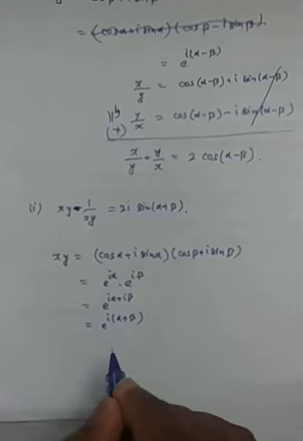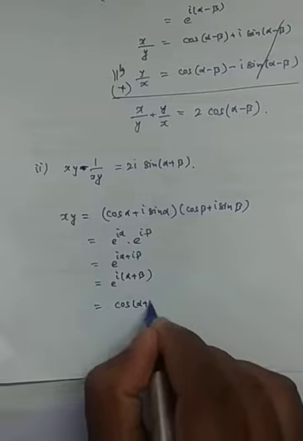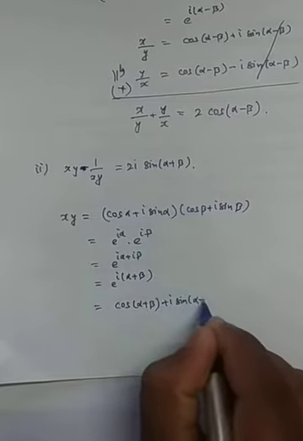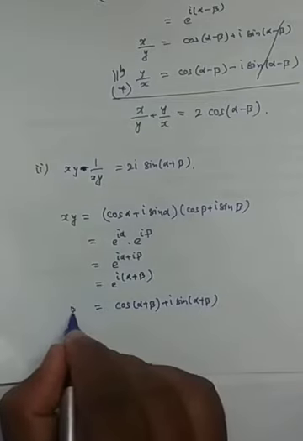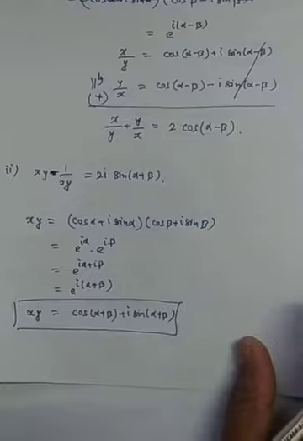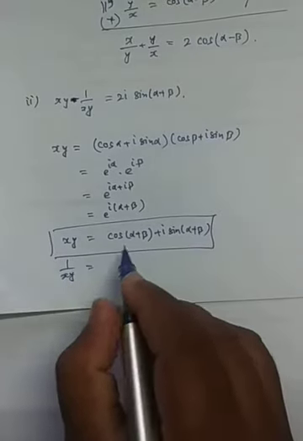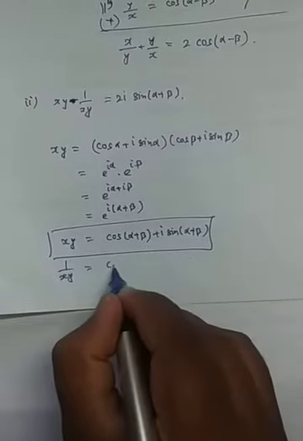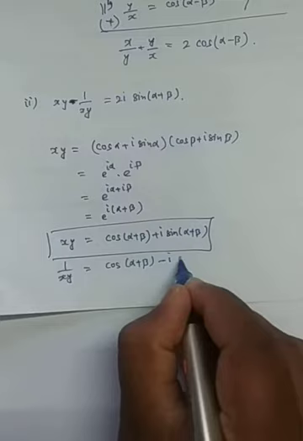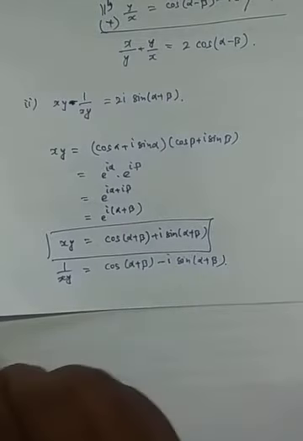That is cos alpha plus beta plus i sin alpha plus beta. This is the value of xy. Similarly, 1 by xy: the conjugate will come, cos alpha plus beta minus i sin alpha plus beta.